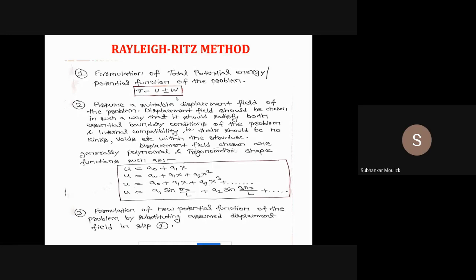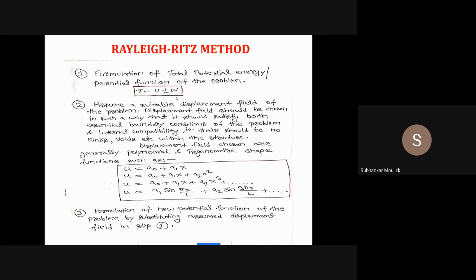Displacement field is nothing but the shape function or the trial function of the problem. Here we will not call it a trial function, we will call it a displacement field, because we have already used the trial function for the Galerkin method, for the weighted residual method. So let us call the trial function in Rayleigh-Ritz method a suitable displacement field.